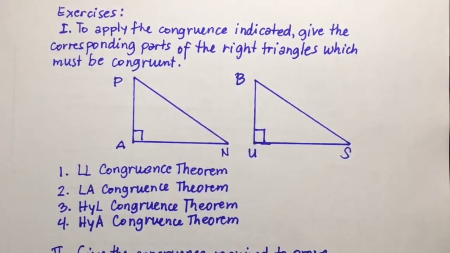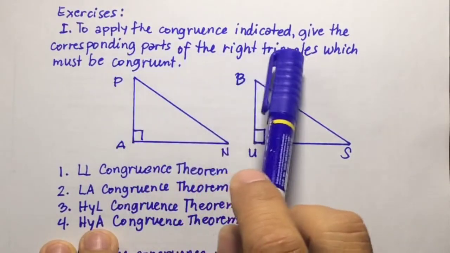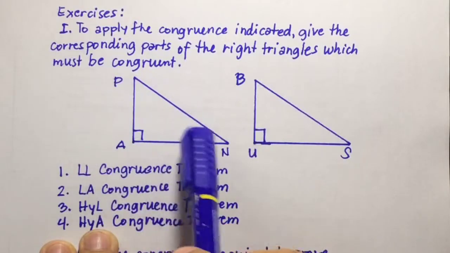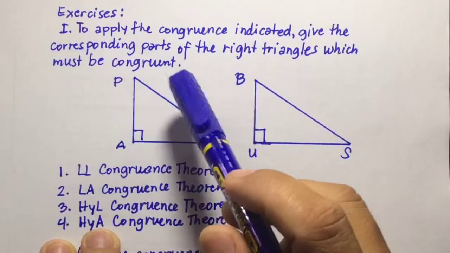Now let's have some exercises here. So number 1, to apply the congruence indicated, give the corresponding parts of the right triangles which must be congruent. So we have here the figure.